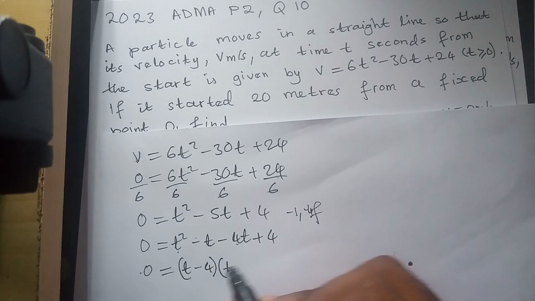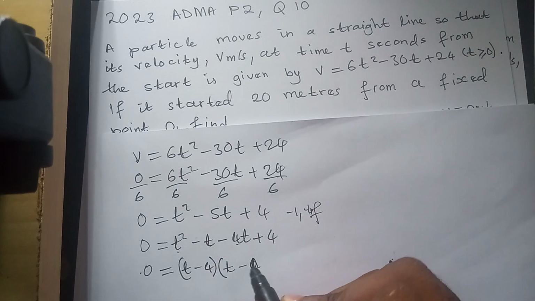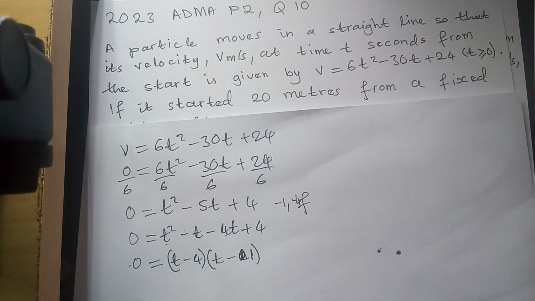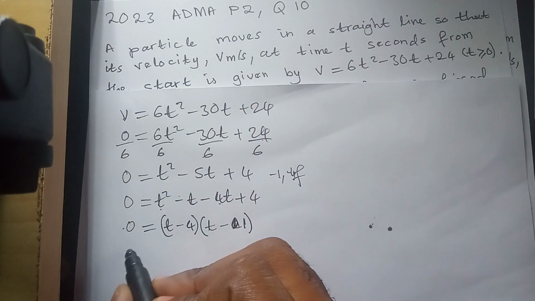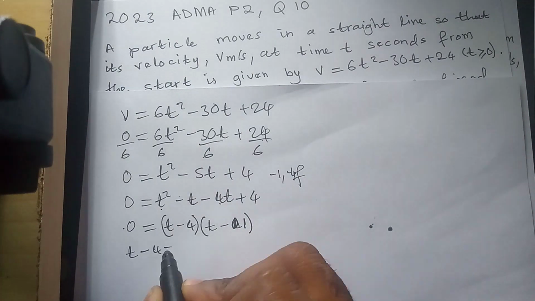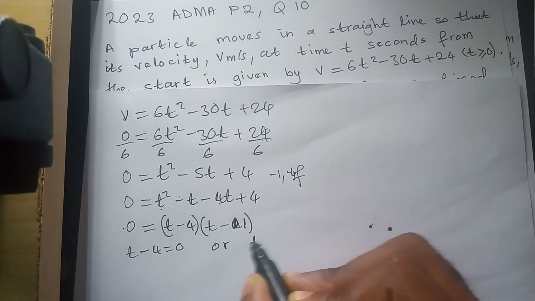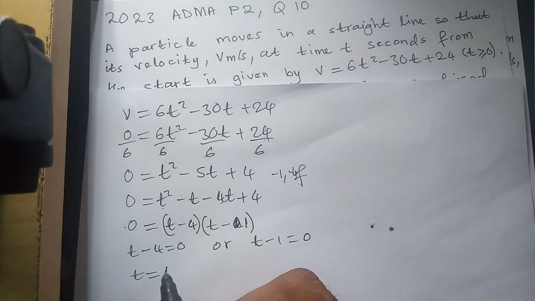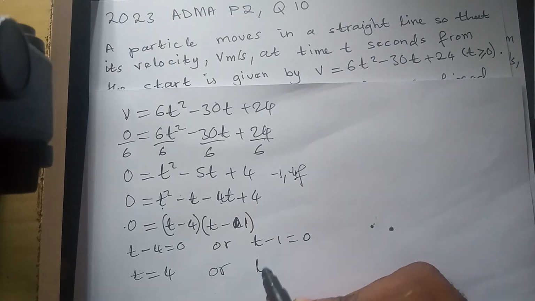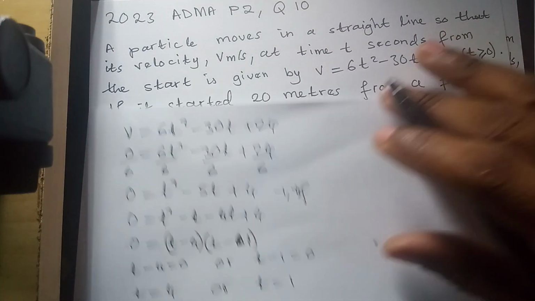I've decided to take a shortcut; you can factorize it using your regular methods. So in other words, either t − 4 is equal to 0 or t − 1 is equal to 0. So either t is equal to 4 or t is equal to 1.